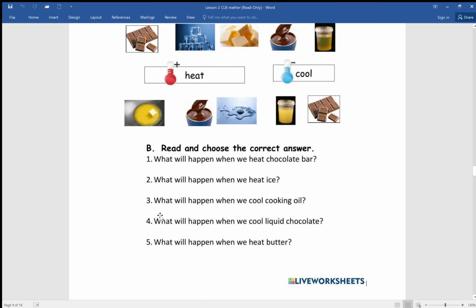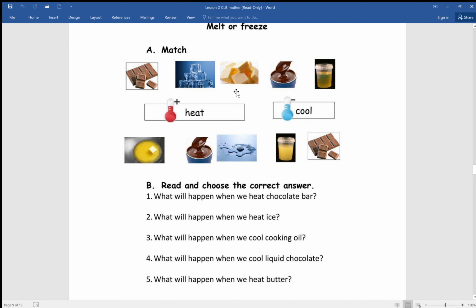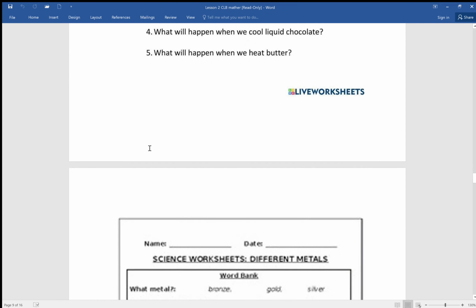What will happen if we cool liquid chocolate? Well, if we know that heating chocolate makes liquid chocolate, then we should know that cooling liquid chocolate should make normal chocolate. What happens if we heat butter though? Yes, it turns into a liquid like here, and then you put your yummy food in.